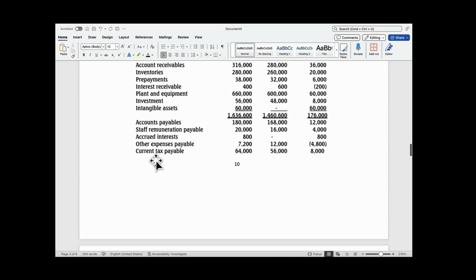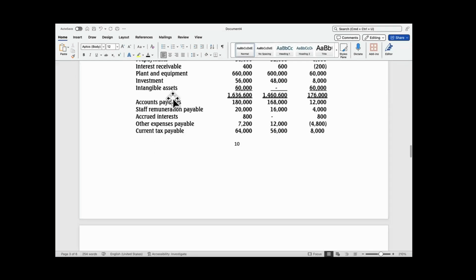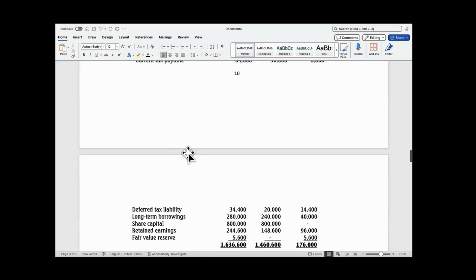For my financing, it is your liability section that will be your financing. Look at them one by one. The first one is this account payable, settled already. Staff remuneration payable, we have already used it. Accrued interest, used. Other expense payable, used. Current tax payable, used. Deferred tax liability, used.